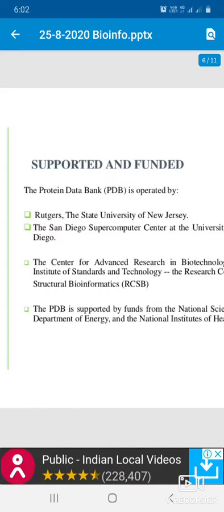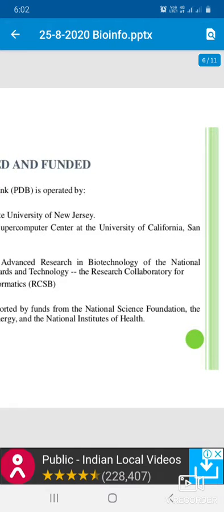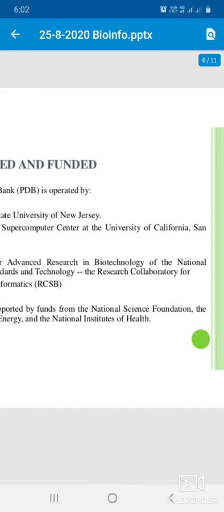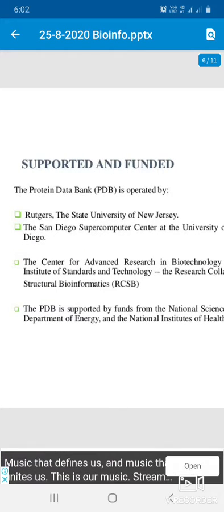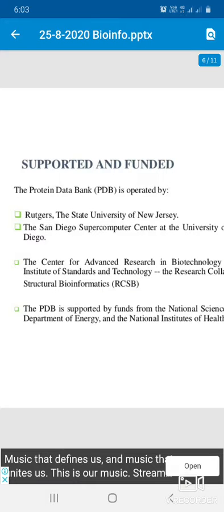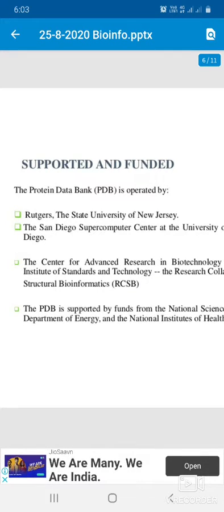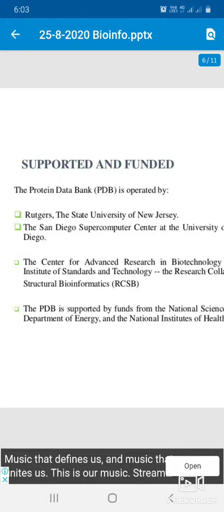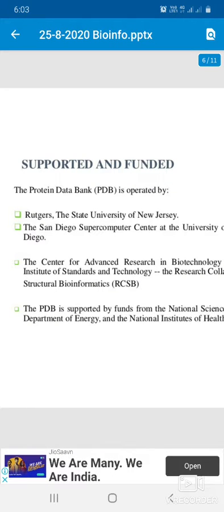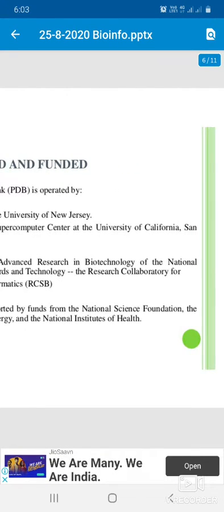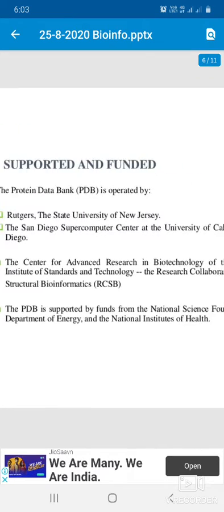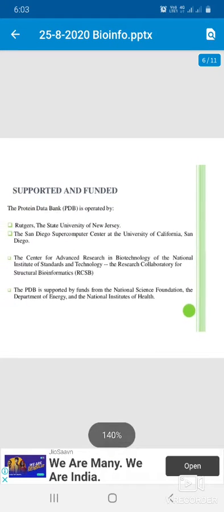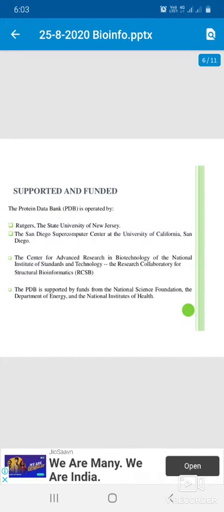The Center for Advanced Research in Biotechnology of the National Institute of Standards and Technology, and the Research Collaboratory for Structural Bioinformatics also sponsor and fund the PDB. Finally, the Protein Data Bank is supported by funds from the National Science Foundation, the Department of Energy, and the National Institutes of Health, also given for the maintenance and support of the PDB.